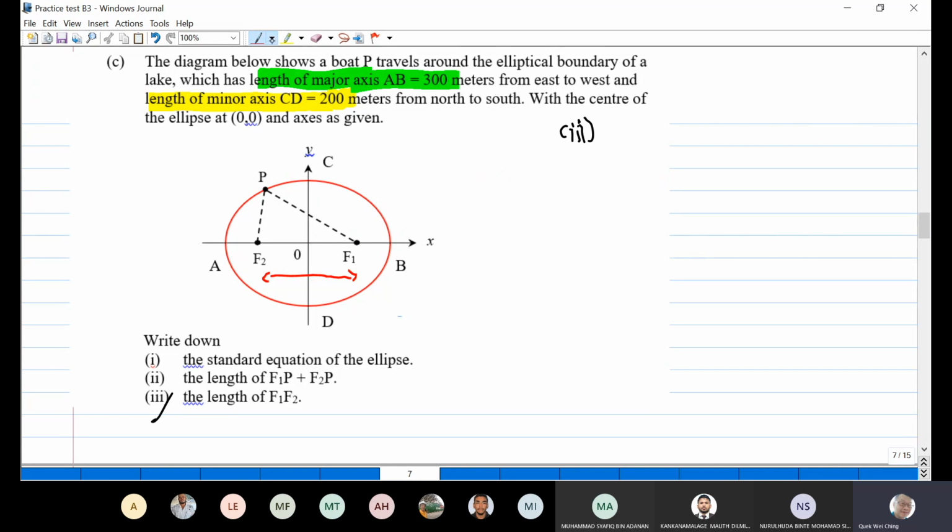So I have this distance here called C, the distance from center to focus. The formula is C squared equals A squared minus B squared. This formula is also on page 312.